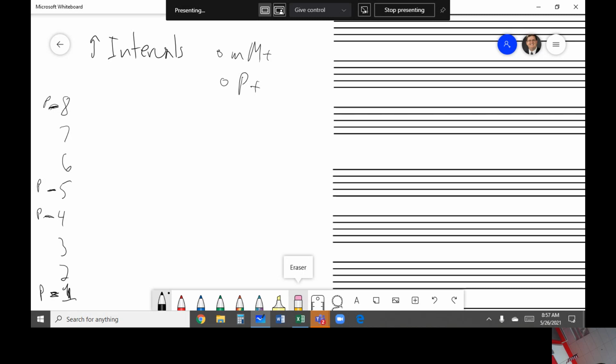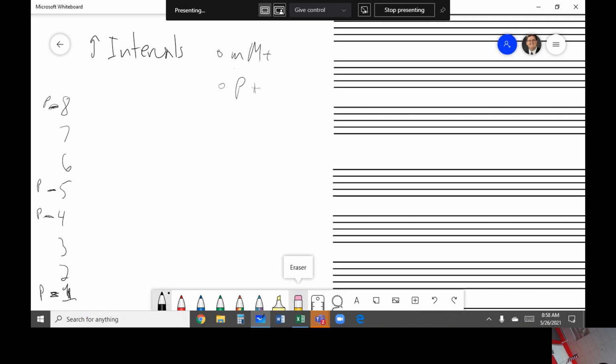If you were to lower the perfect fourth, it would become diminished. If you were to raise the perfect fourth, it would become augmented. Please remember that those intervals, unisons, fourths, fifths, and octaves, can only be perfect, augmented, or diminished.